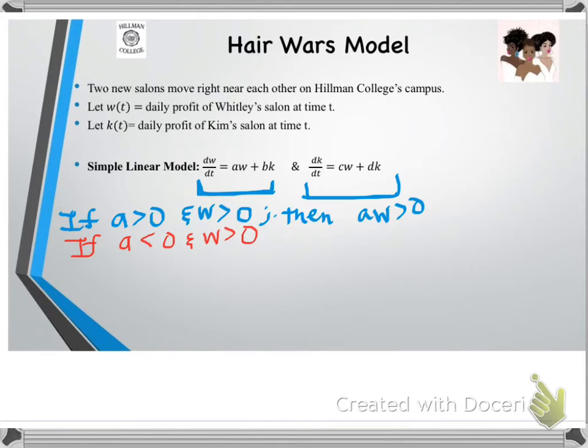You can think of some other things, but that's one of the things you can think about. She's making money, but it's hurting her because A is negative. So what could that mean? That could mean that she has a lot of clients, but maybe they didn't want to wait. It's walk-ins, they didn't want to wait when they walked in, you know.